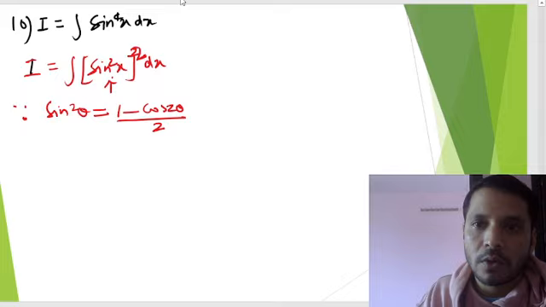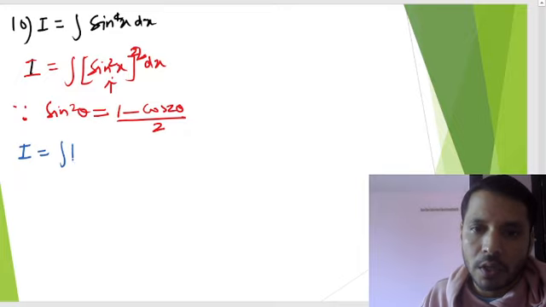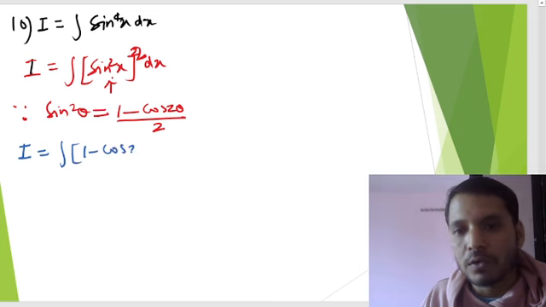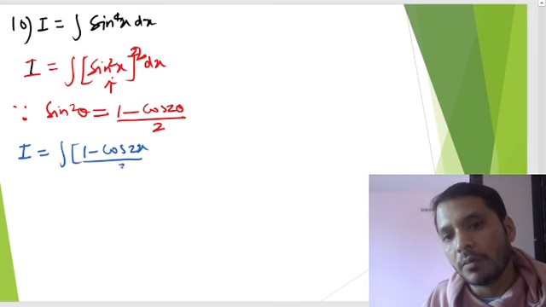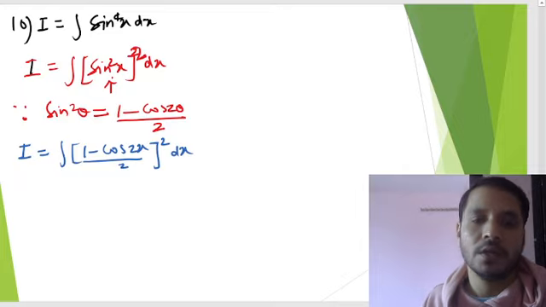So according to this formula, now I is equal to integration of, inside the bracket we can write 1 minus cos 2x, divided by 2, and whole square into dx, right?